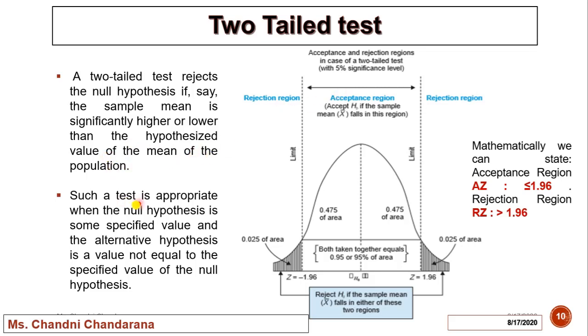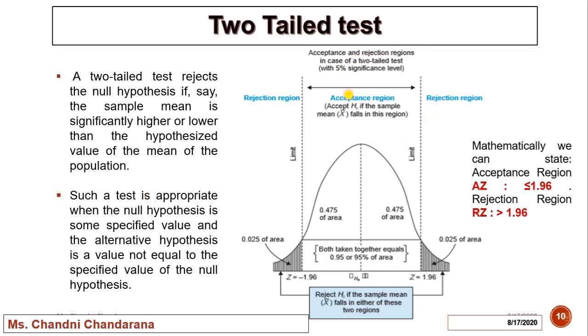Such a test is appropriate when the null hypothesis is some specified value and the alternative hypothesis is a value not equal to the specified value of the null hypothesis. This test is appropriate when H0 has some specific value.